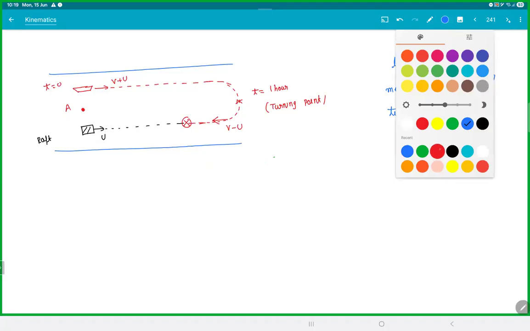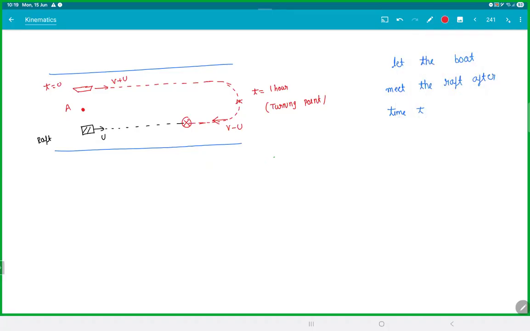Now, let's find the distances. You're going with v plus u. I'll call these points A, B, and C. The distance A to B will be v plus u into 1 hour. Coming back, this will be v minus u into the total time, so t minus 1 hour.